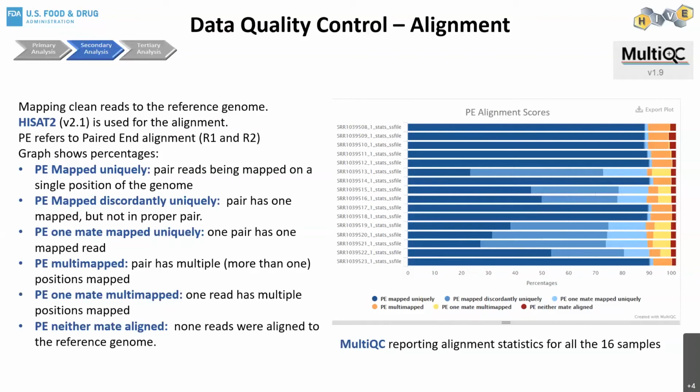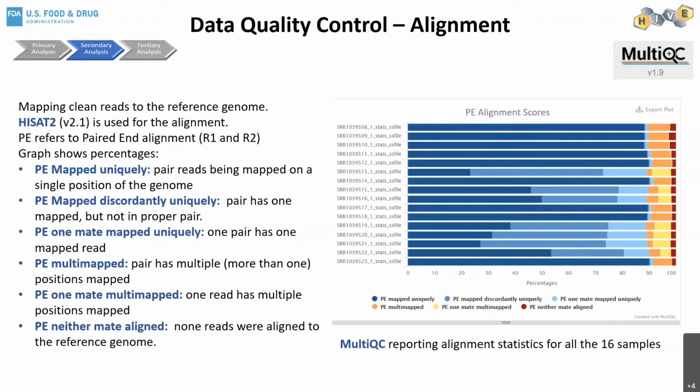We can also get statistics for discordantly mapped uniquely, where one read of the pair aligned to one chromosome and the other aligned to a different chromosome. That's something of concern, because if they come from the same fragment, they should usually align to the same chromosome. There are also multi-mapped and single-mapped reads. So all these statistics are there for us to take a closer look.